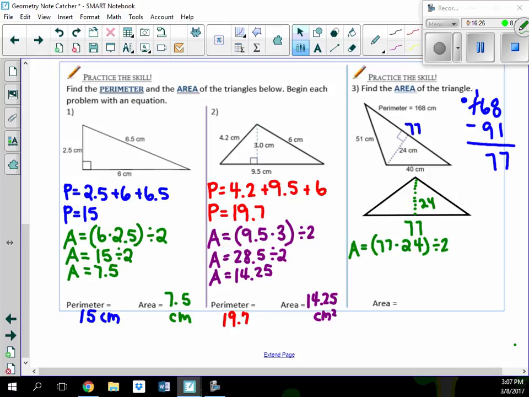So I'm going to do some scratch work over to the side so that my equations stay really neat. And 77 times 24: 4 times 7 is 28, plus 2 is 30. 2 times 7 is 14, plus 1 is 15.